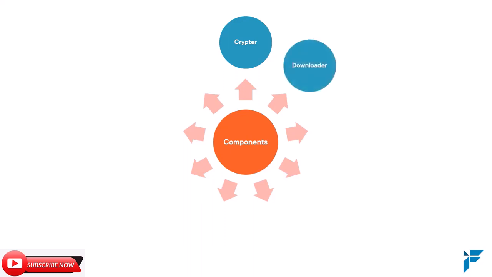There's also a downloader. The type of Trojans that download other types of malware or malicious code, or even the files off the internet that we want to inject, would be considered a downloader. Usually attackers install downloaders when they first gain access to the system. We then have something called a dropper.